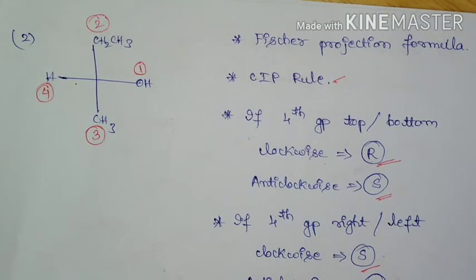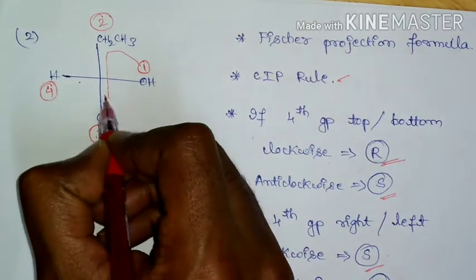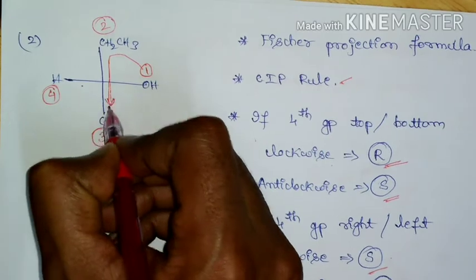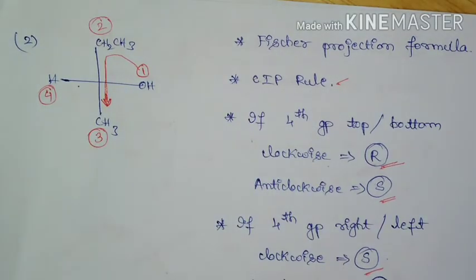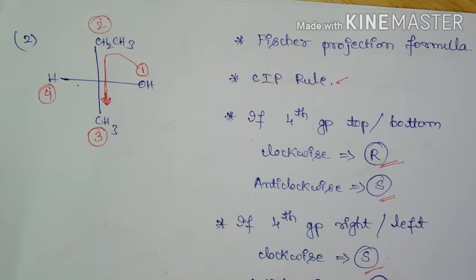The movement 1, 2, 3 is anti-clockwise, but we need to see that the fourth group is present on the left side.